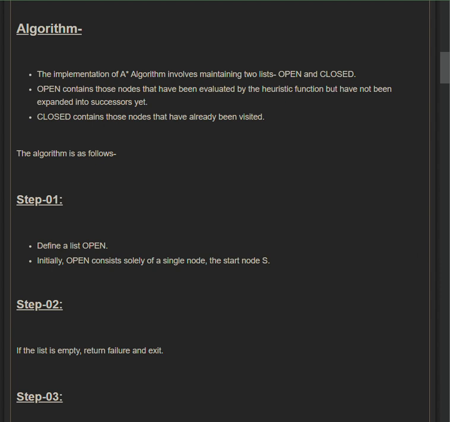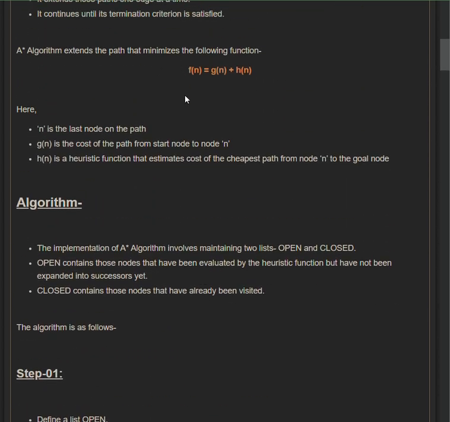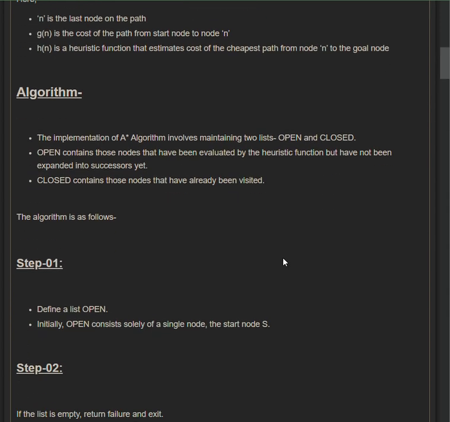At each step, we remove the node with the smallest value of f of n from open and expand it by looking at the neighboring nodes. If one of those neighboring nodes is a goal node, we are done. Otherwise, we continue evaluating nodes based on their cost. The A-star algorithm balances between exploring new paths and focusing on the most promising node, making it extremely powerful for complex problems.